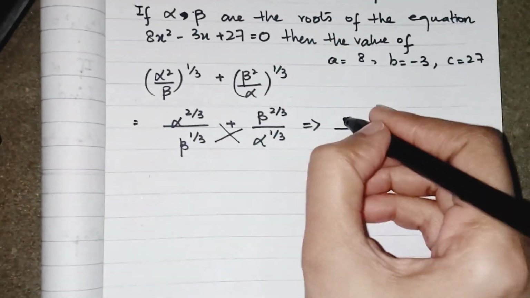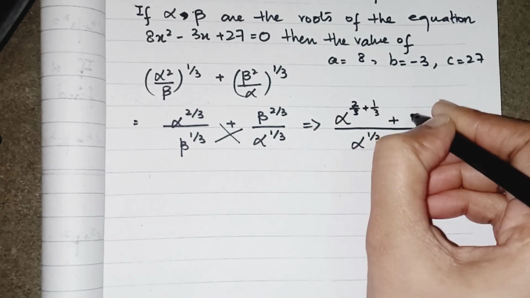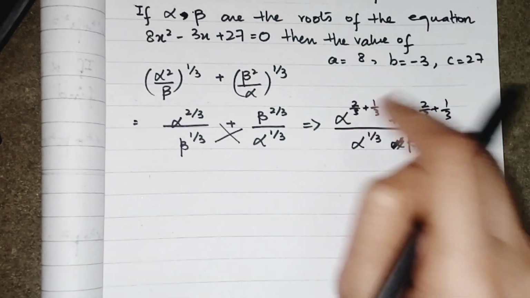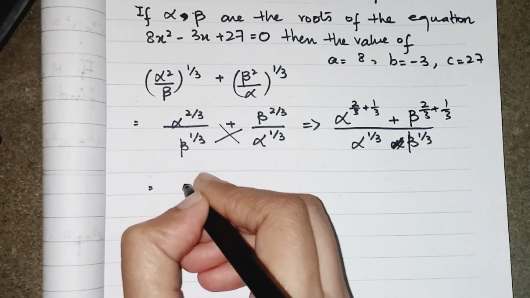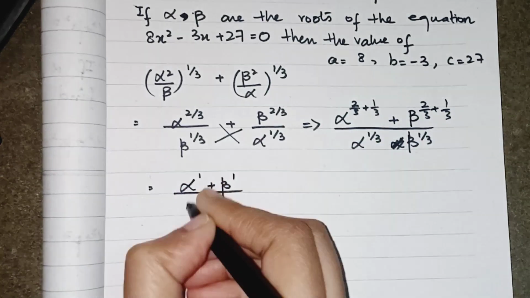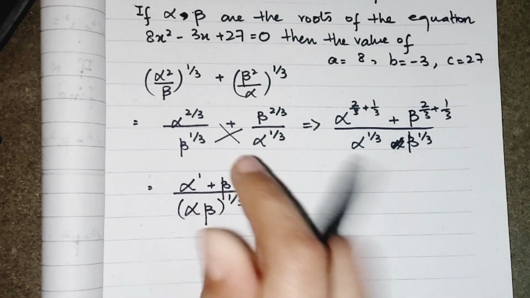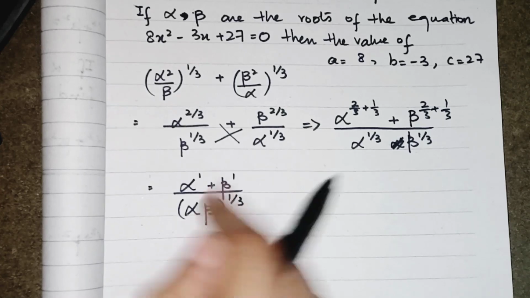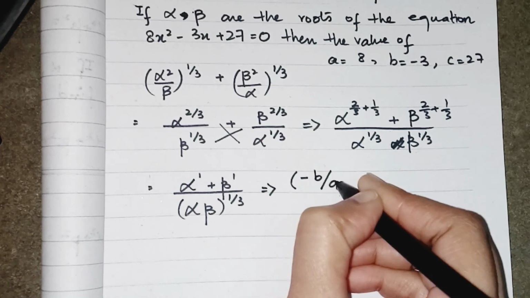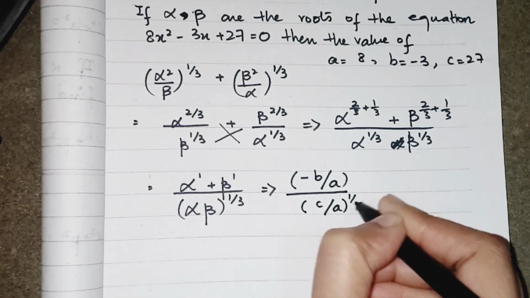As we have both alphas, we can say 2 upon 3 plus 1 upon 3, plus beta's 2 upon 3 plus 1 upon 3. 2 upon 3 plus 1 upon 3 will result as alpha's power 1 plus beta's power 1, and in the denominator we can say alpha into beta whole power 1 upon 3. So now we know the value of alpha plus beta, which is minus b upon a, and alpha into beta should be equal to c upon a, whole power 1 upon 3.